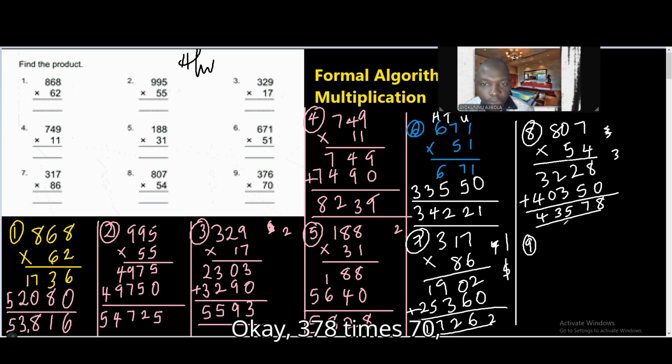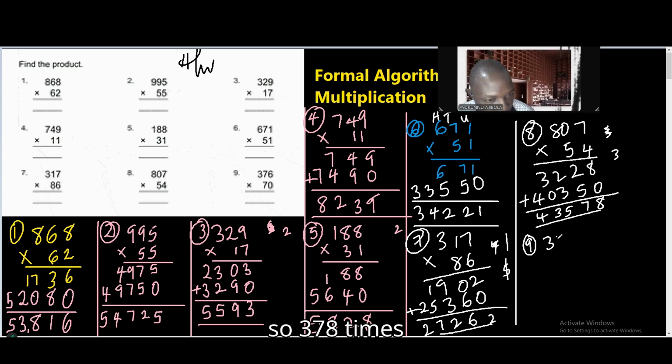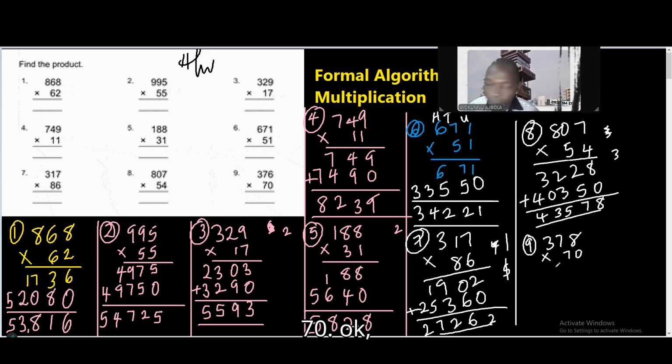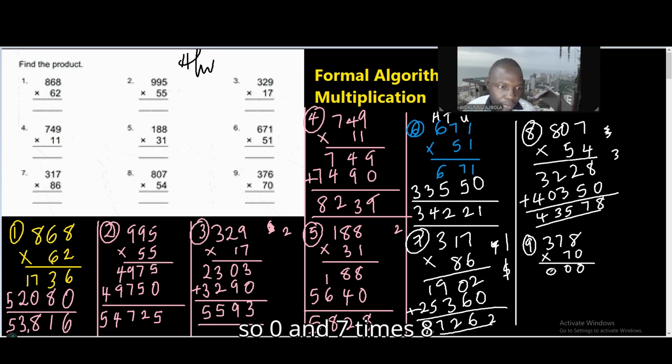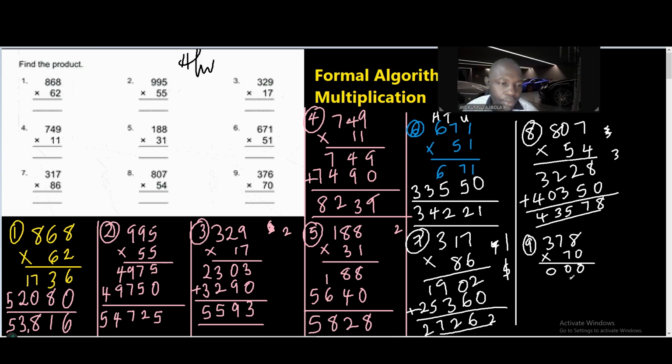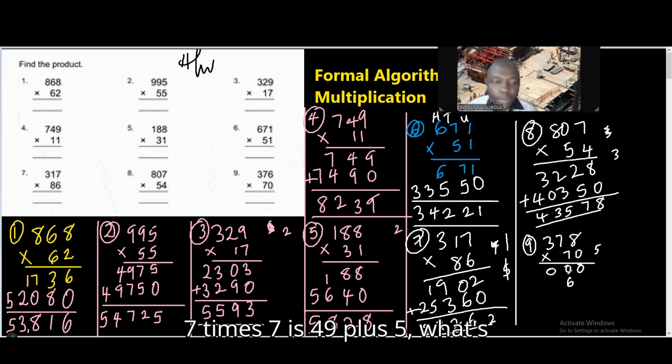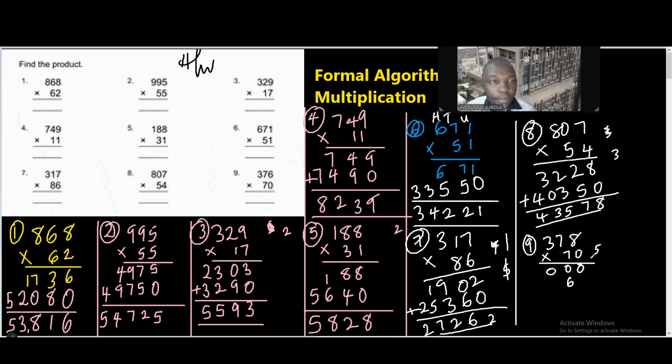Okay. 378 times 70. So 378 times 70. Here we have 0 times all of them, okay, so 0. And 7 times 8 is what? 56. 7 times 7, 49 plus 5. What's 49 plus 5?